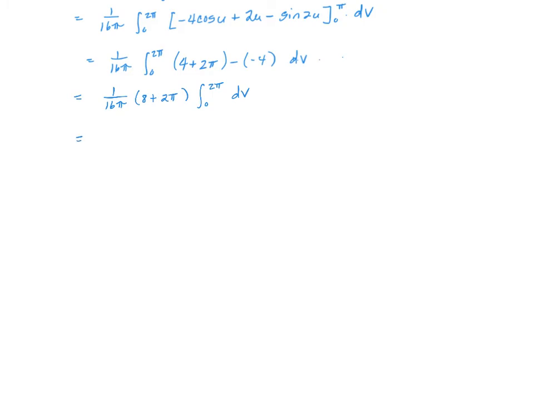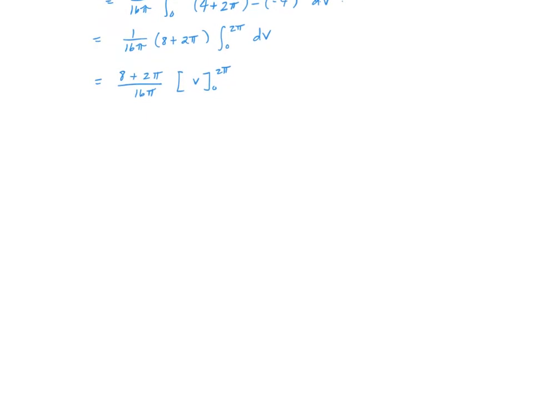Should I simplify it? 8 plus 2 pi over 16 pi. Yeah, I could reduce it. So this is v from 0 to 2 pi, so just multiplying that by 2 pi.